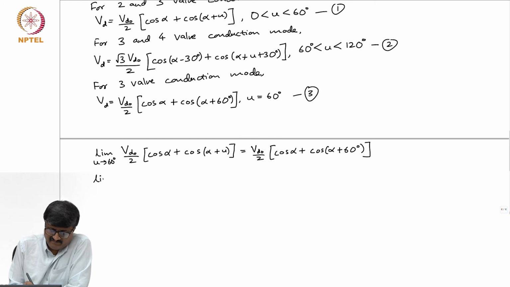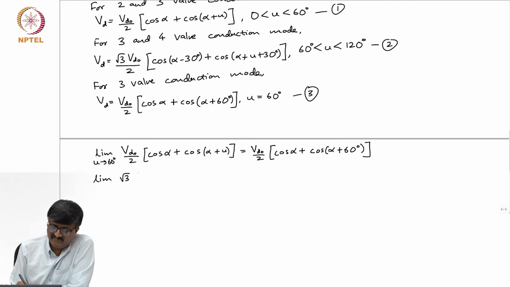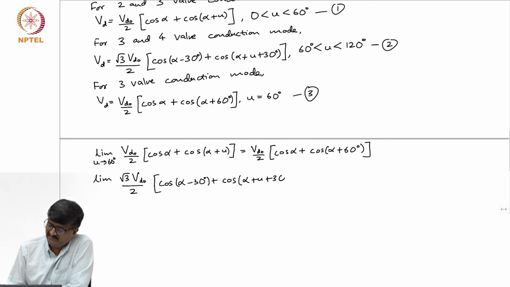Similarly, I take the limit of the expression for Vd appearing on the right hand side of equation 2, that is the limit of root 3 Vdo by 2 into cos alpha minus 30 degrees plus cos alpha plus u plus 30 degrees.